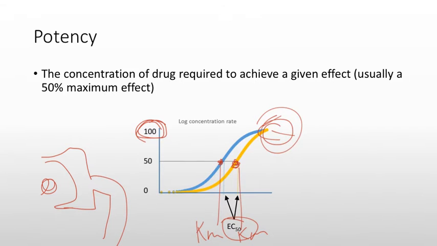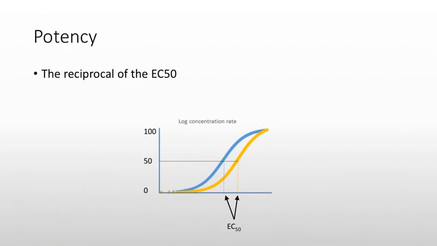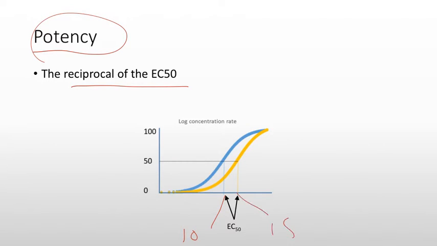this value, or this concentration, is also called the potency. So Km in this situation is just another term for potency. And another way to put it is to say that the potency is equal to the reciprocal of EC50. So let's just give some imaginary numbers. This one is 10 and this one is 15.